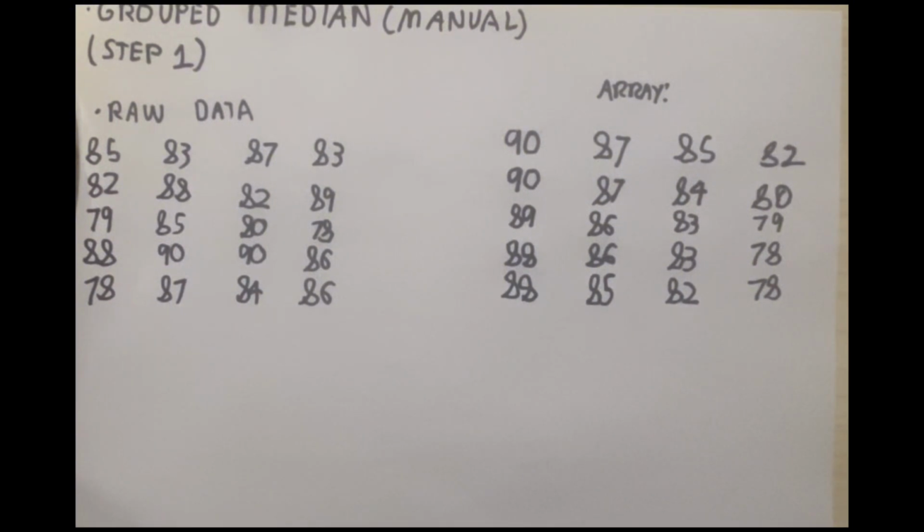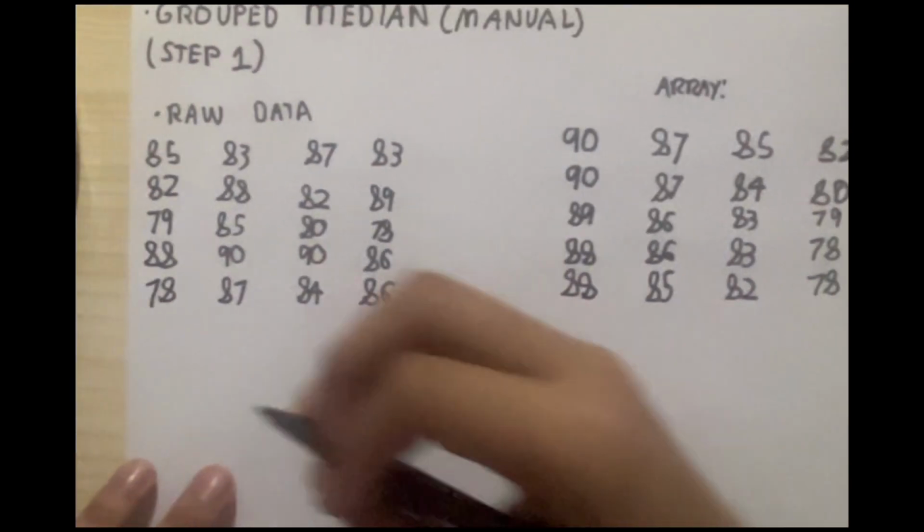Now that we have gotten the array, we will be computing for the range, assumed interval, classes, and interval of the data using the Sturge's rule and other principles.